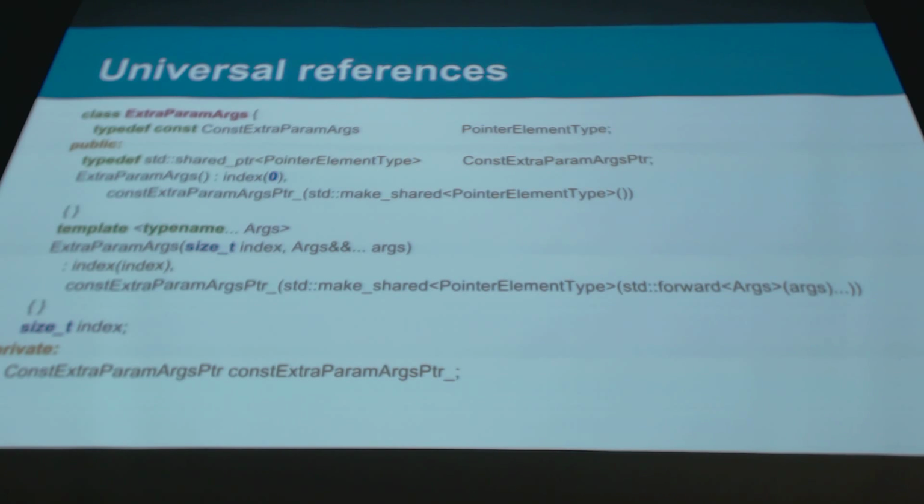And what we are doing here is that firstly we initialize index, and then we are making a shared pointer here, and then we are forwarding each argument. So this std::forward of args ... will be changed during the template instantiation to make shared pointer of std::forward of the first argument, then the second argument, then the third argument, etc.